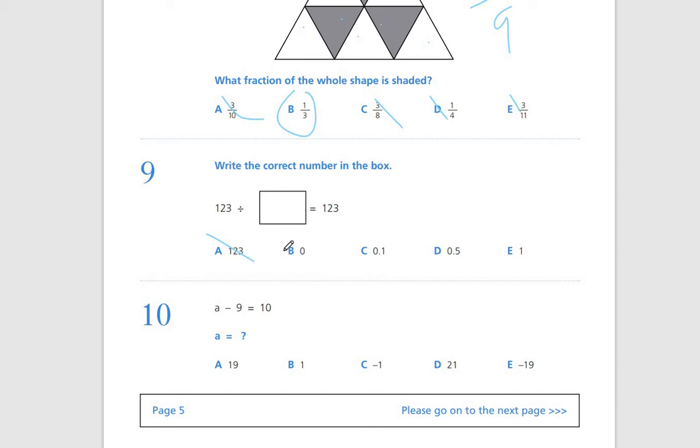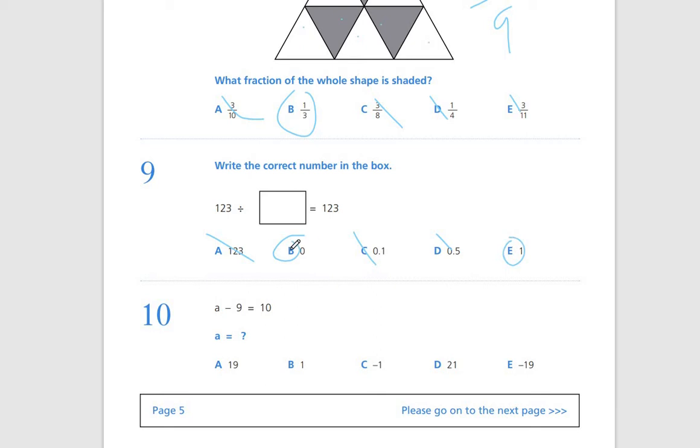If you divide 123 divided by 0, basically you have done nothing. I'm gonna come back to that. 0.1, you can't divide 0.1 to get a whole number. And 123 divided by 1, if you put 123 into one circle, you get 123, which is the answer.